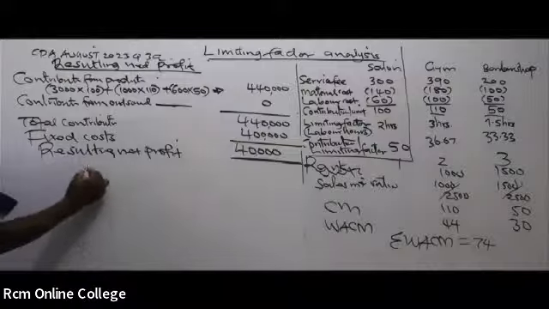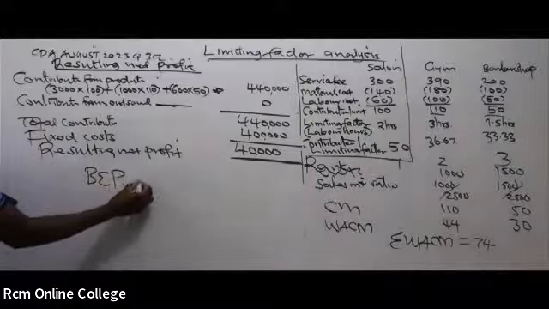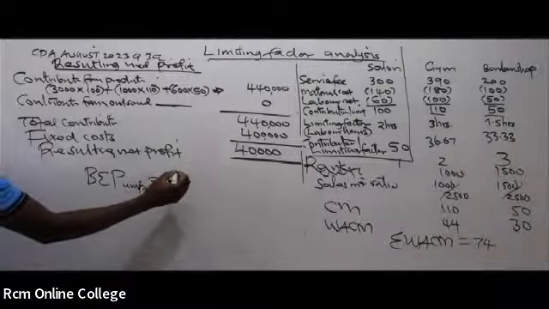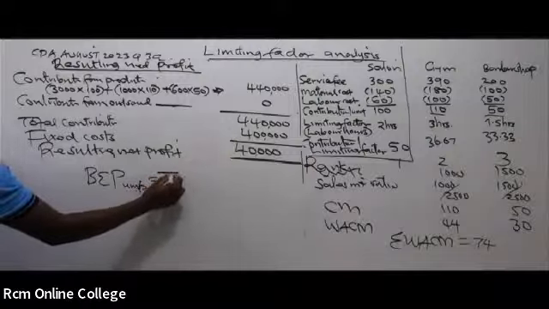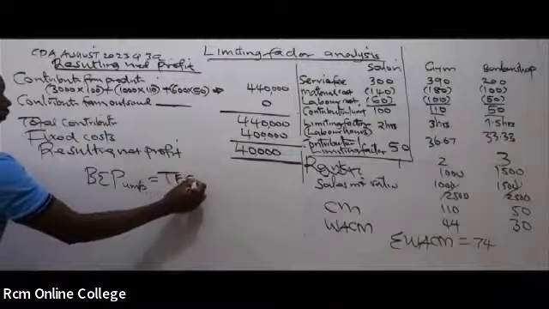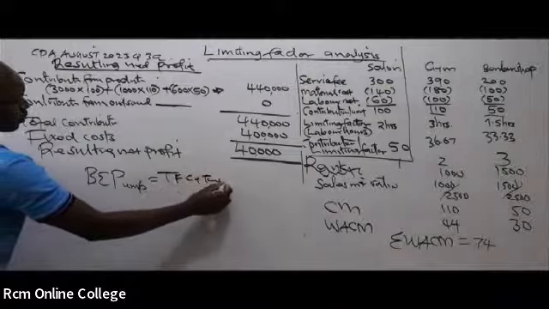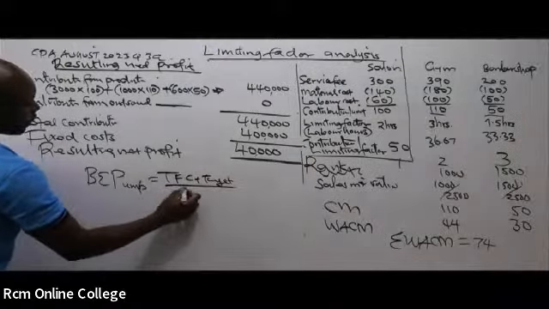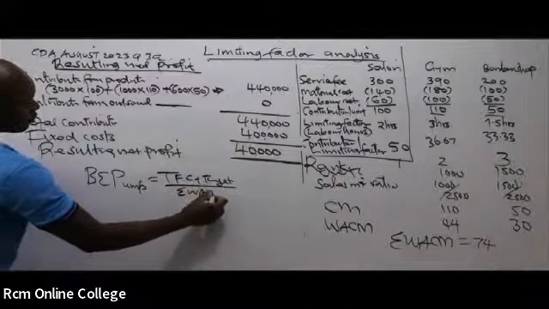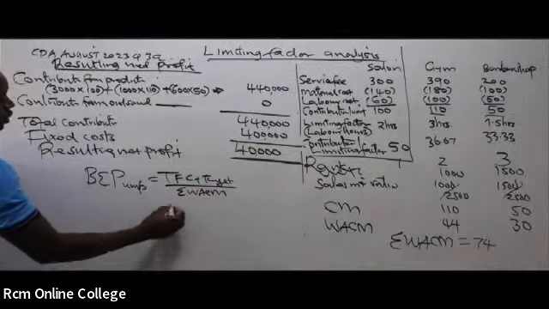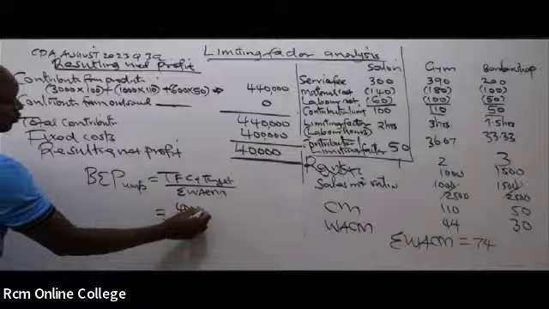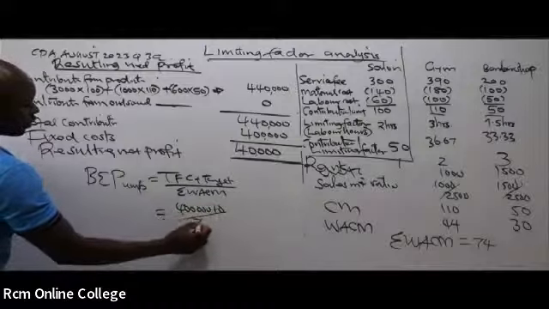And we get the break-even point in units, which is equal to total fixed cost plus target profit over the summation of weighted average contribution margin. So that will be 400,000 plus 0 over 74.